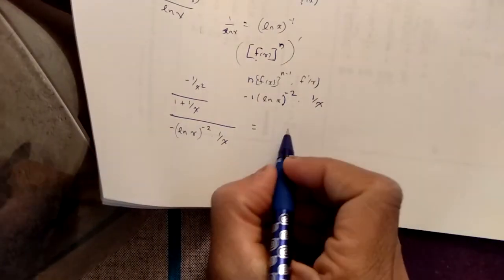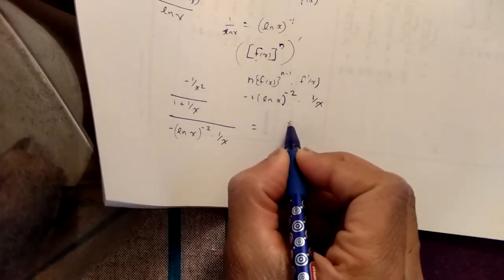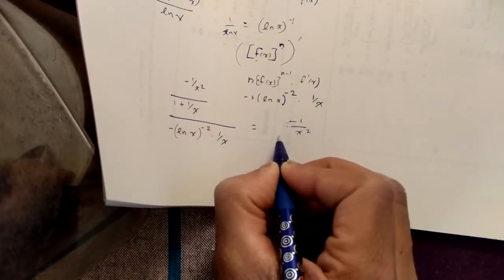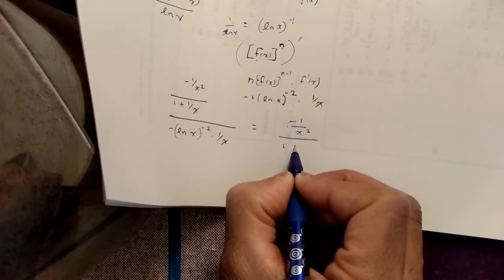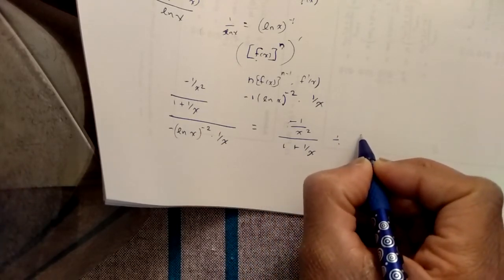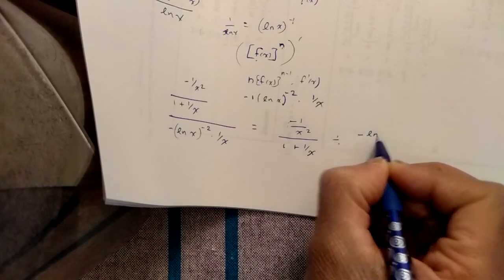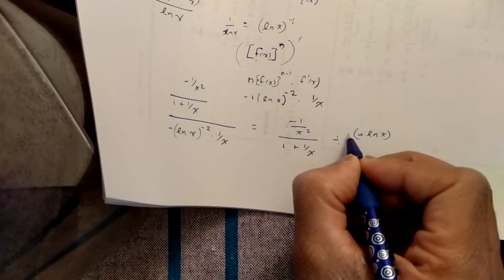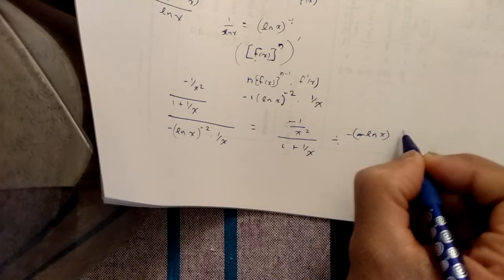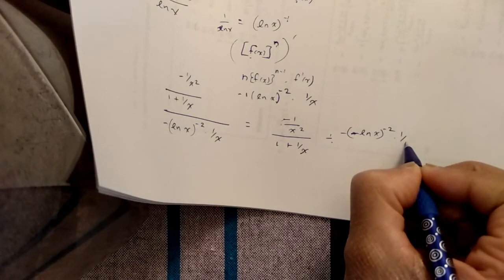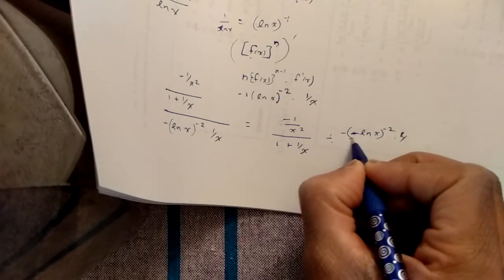We can rewrite these terms like this: negative 1 over x squared over 1 plus 1 over x, divided by negative (ln x) to the power negative 2, times 1 over x, right?